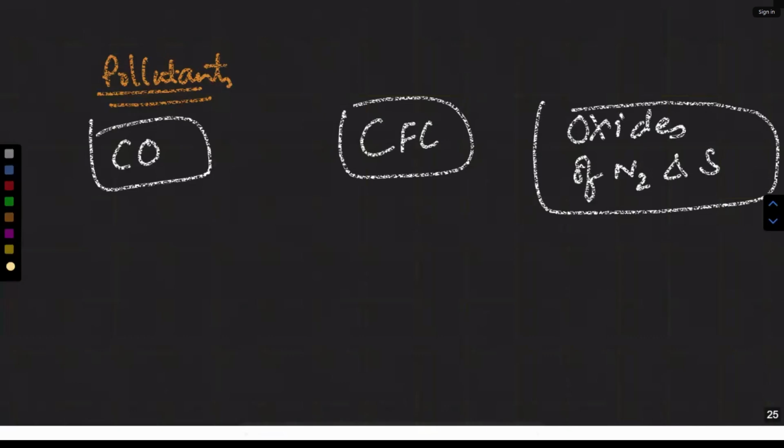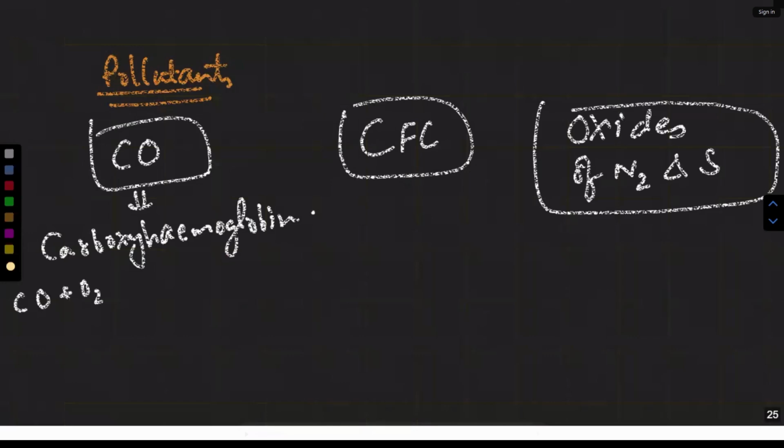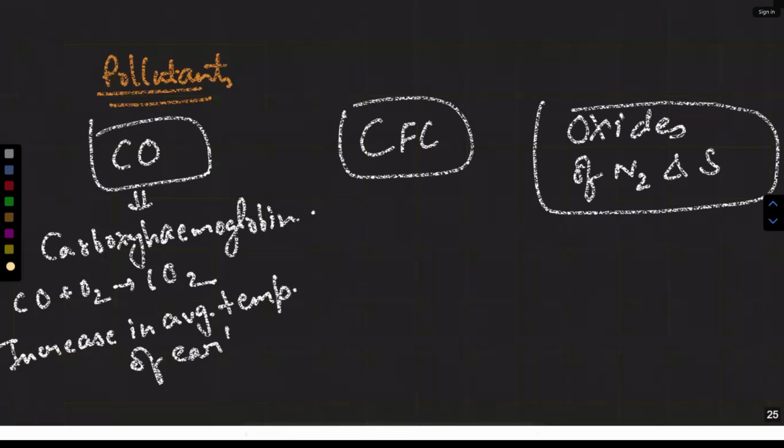CO is responsible for, as I told you, carboxyhemoglobin. It combines with oxygen to form CO2, and an increasing level of CO2 increases the greenhouse effect, which is causing an increase in the average temperature of Earth. So this is about CO.